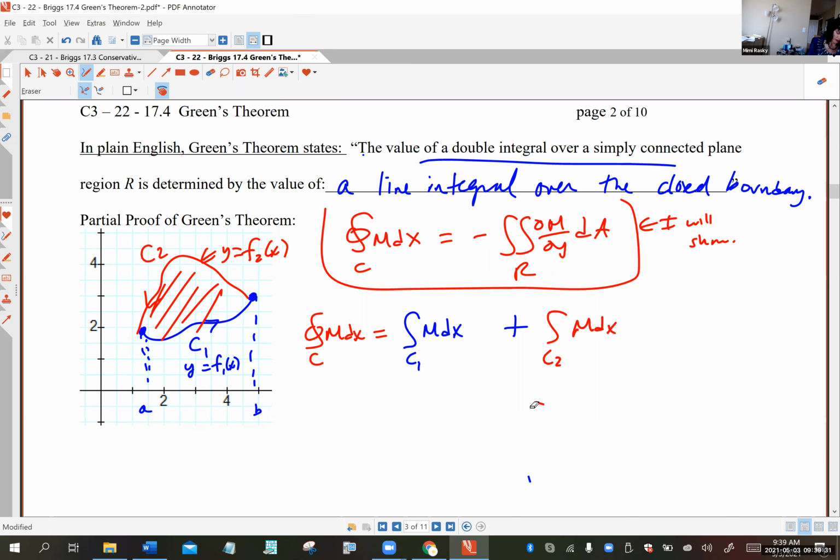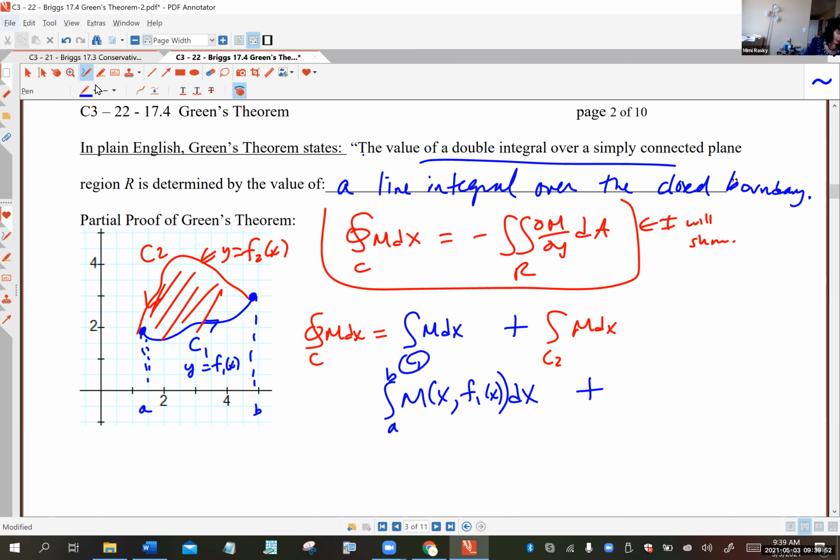Well, interesting. So then what? If you were doing this, you would go from A to B, and you'd have M, a function of x and y, so you'd go x, but y on C1 is f1 of x, dx.